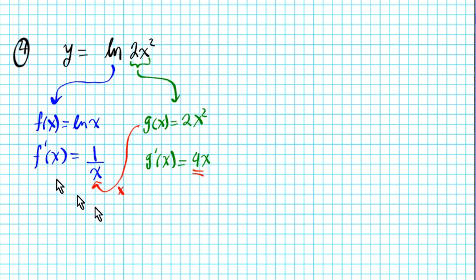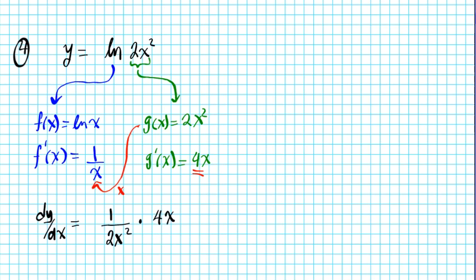Let's go ahead and finish this off. We're now going to apply the chain rule formula. dy dx is going to be the derivative of the outer evaluated at the inner, 1 over, instead of x, we plug in g, 2x squared, times the derivative of the inner, which is 4x.